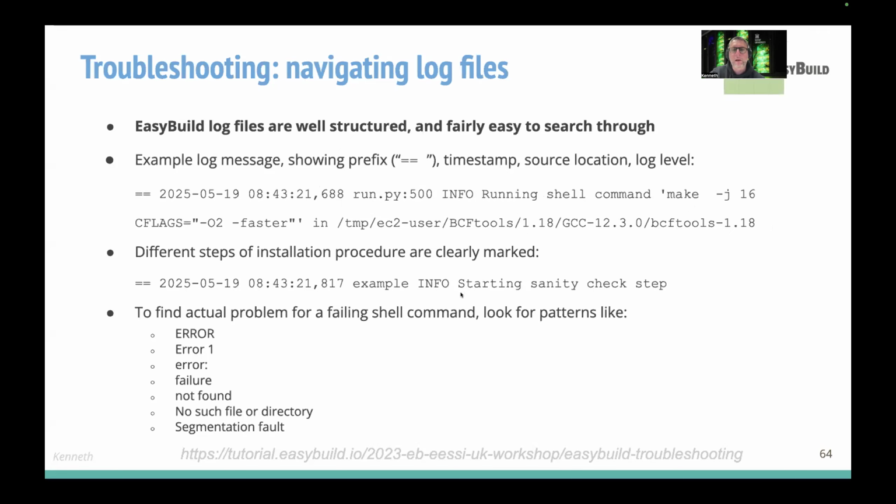Also, the steps are clearly marked, so you can look for starting something step, and then you can really zoom into that part of the installation. And as I already mentioned, to find an actual problem, you should look for particular patterns like errors spelled in various ways with or without capitals. And usually you want to find the first occurrence of an actual error to try and figure out why an installation failed.